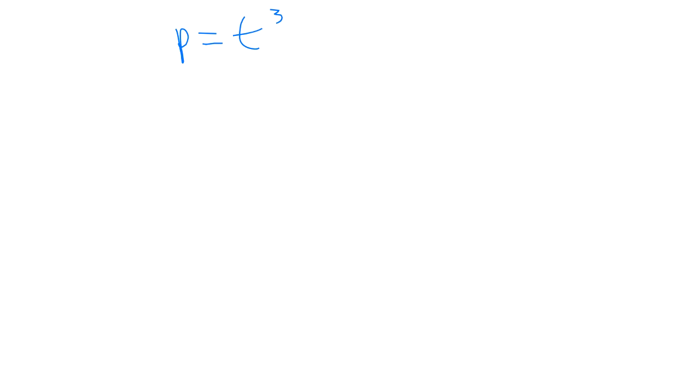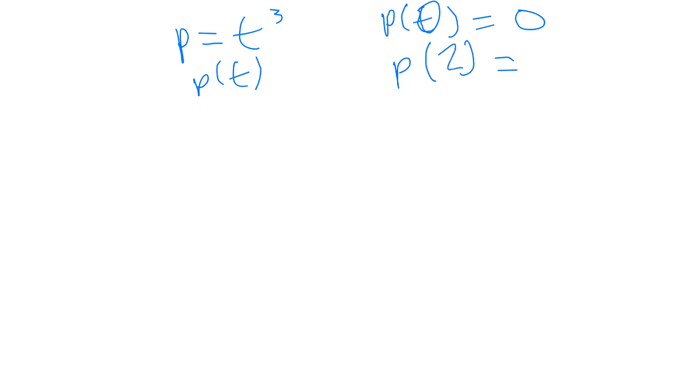So now let's start with our average velocity. p of 0, given p of t, is going to be 0, and p of 2 is going to be 8.